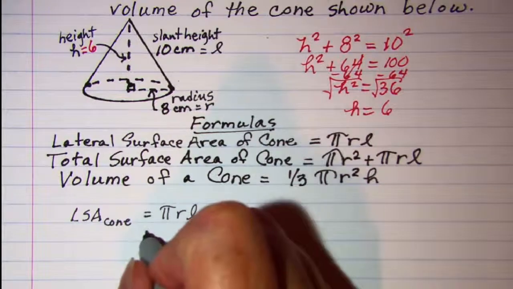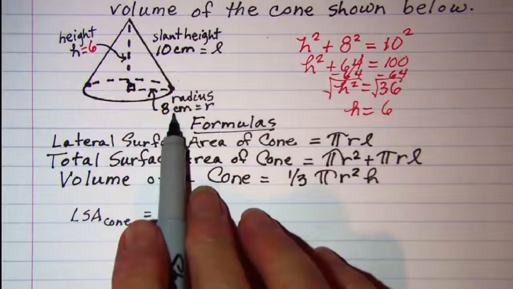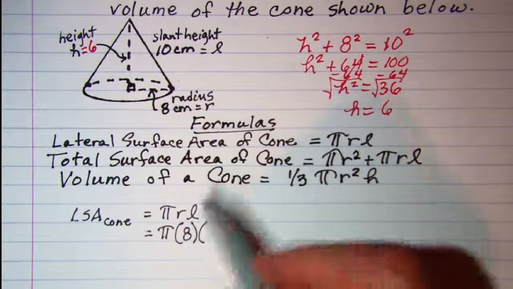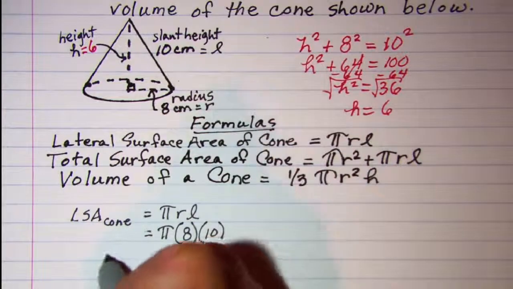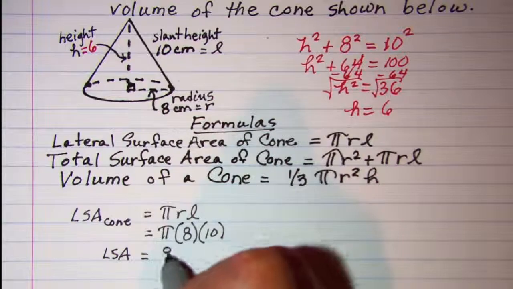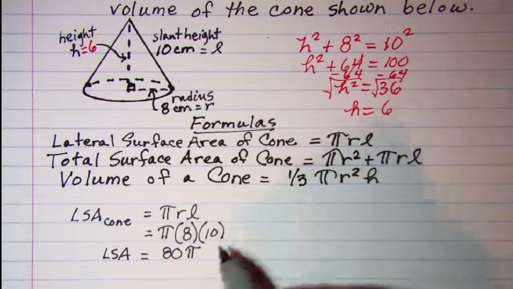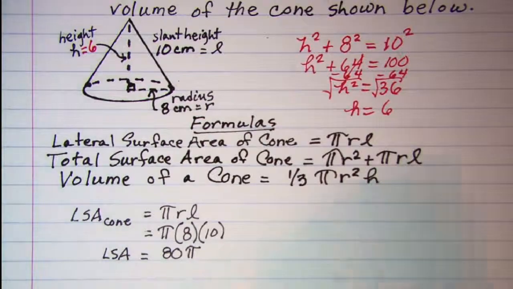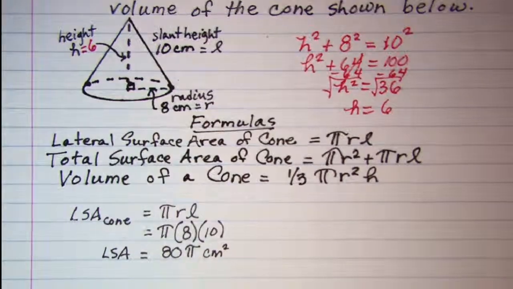So my lateral surface area of my cone is pi times my radius, 8, times my slant height, 10. So my lateral surface area is 80 pi. I know that this is centimeters, so since it's area, this will be centimeters squared.